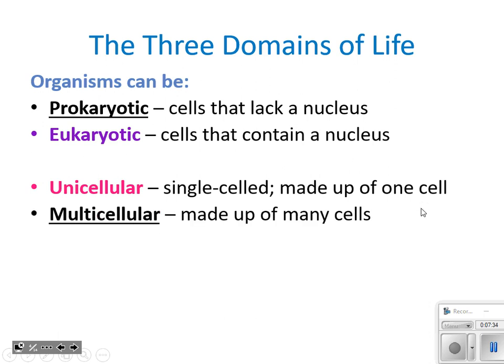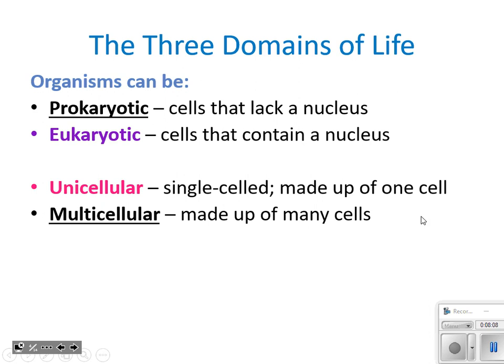Multicellular means it is made up of many cells. What do you think we are? I'm going to have to say I'm a multicellular organism because I have many cells throughout my body. Shoot, if I scratch my arm, I can flake off a bunch of different cells. So I am definitely a multicellular organism. You ever heard of an autotroph? Ever heard of a heterotroph?